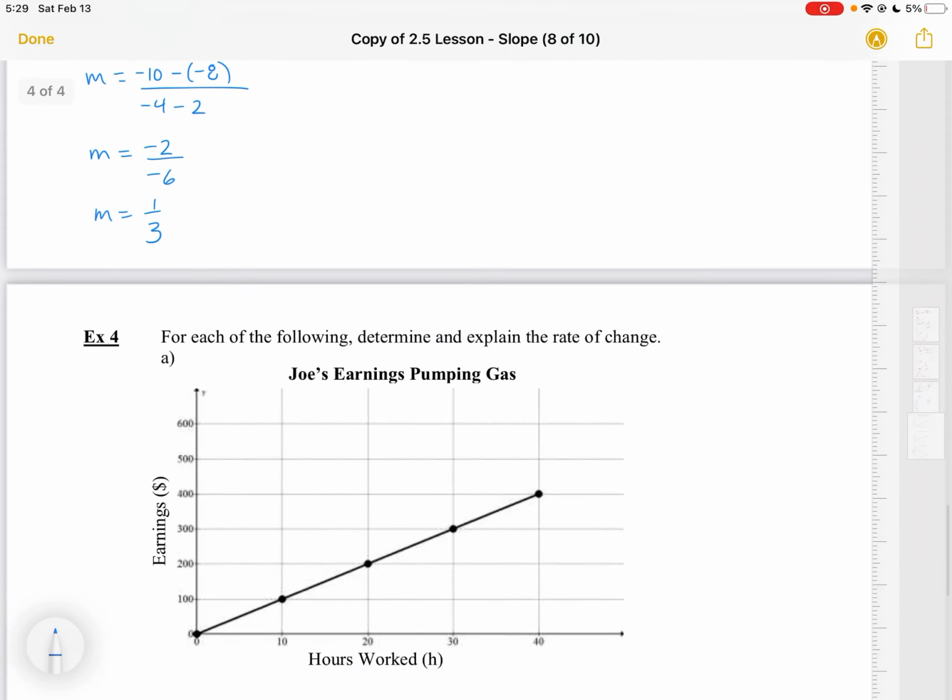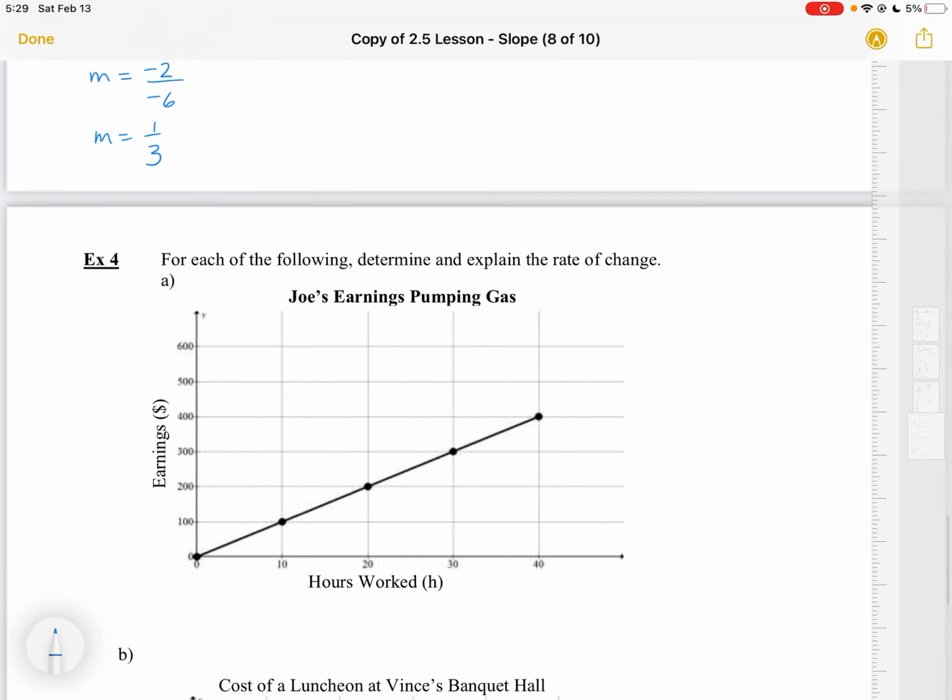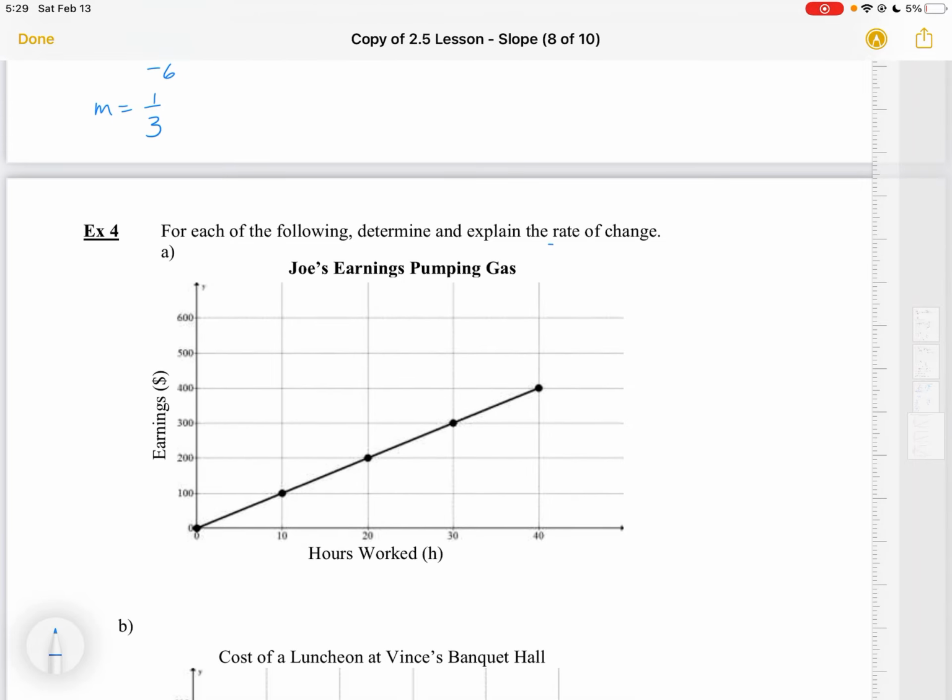We should also be able to apply the rate of change or the slope to word problems. When we're dealing with real life situations, we usually say the rate of change, fancy way of saying the slope.